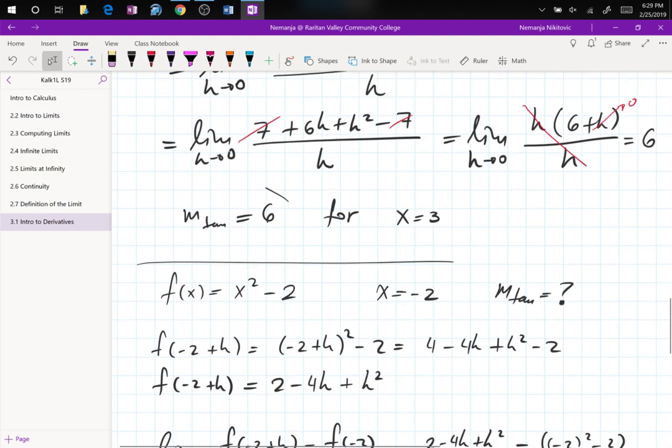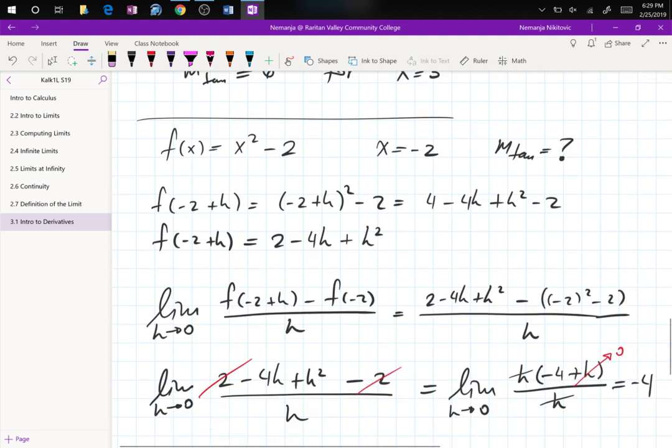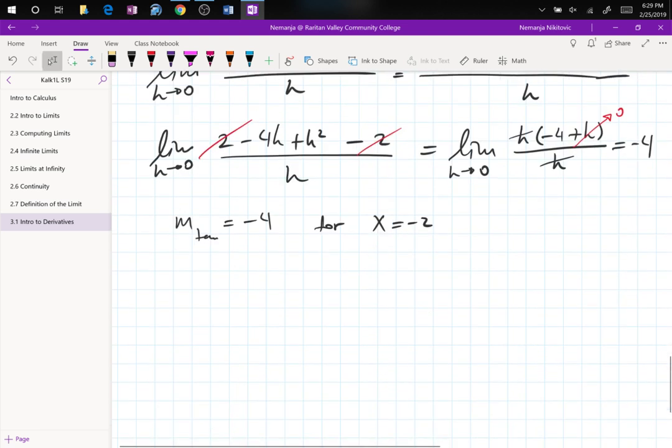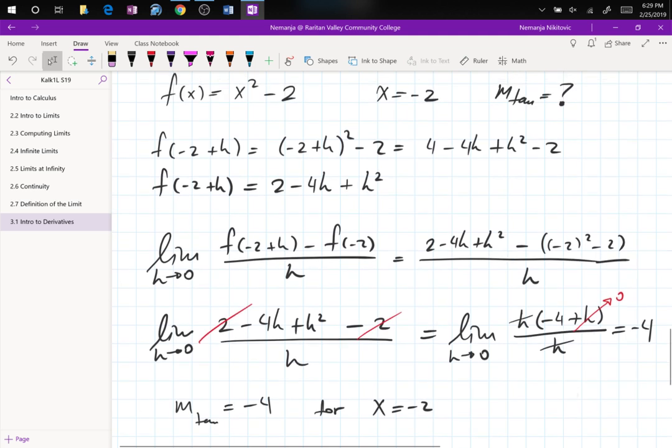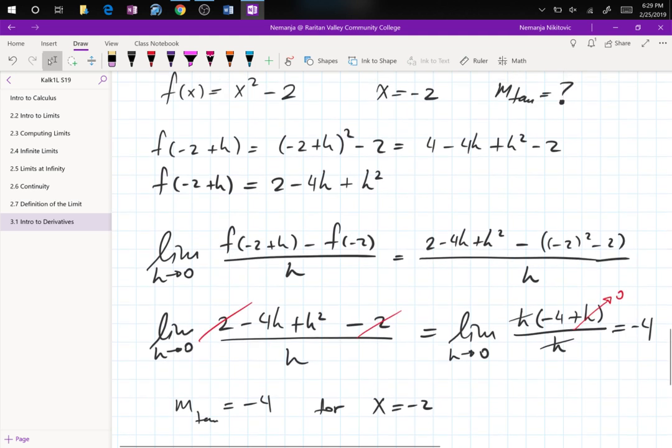So we have obtained another slope. Over here we had m tangent was 6 for x equals 3. We did 2 of these already. But I really don't need a negative 2. Actually, I need a 10. We have to restart the entire calculation and go through the entire grind, right, all of this, to get the answer at the end.